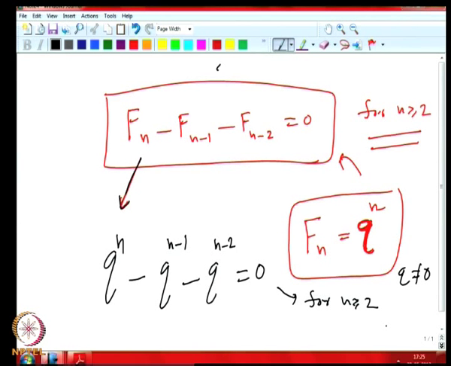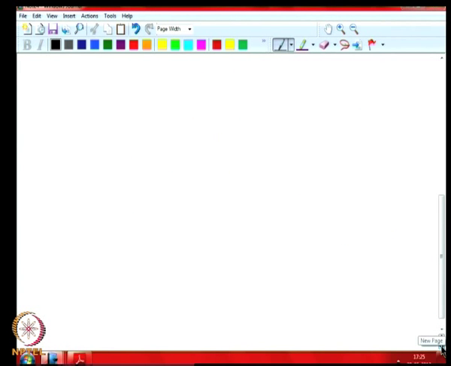Therefore, q is not 0, and q to the power n minus 2 is also not 0. Even in the worst case, since n is at least 2, q raised to 0 is 1. So for any n we can divide both sides by q to the power n minus 2.